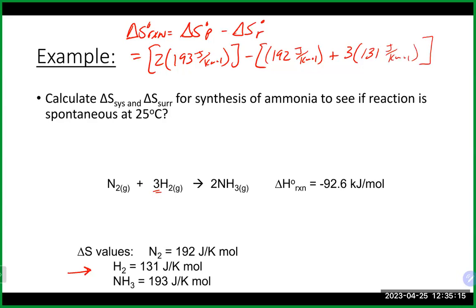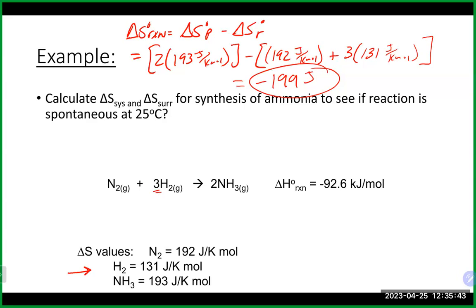If we do all that, 2 times 193 minus a 192 plus 3 times a 131 is going to give us negative 199 joules as our delta S of the reaction. Any questions on that calculation?